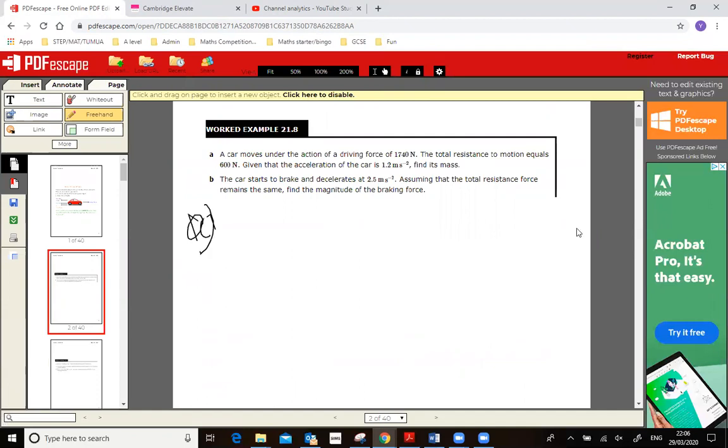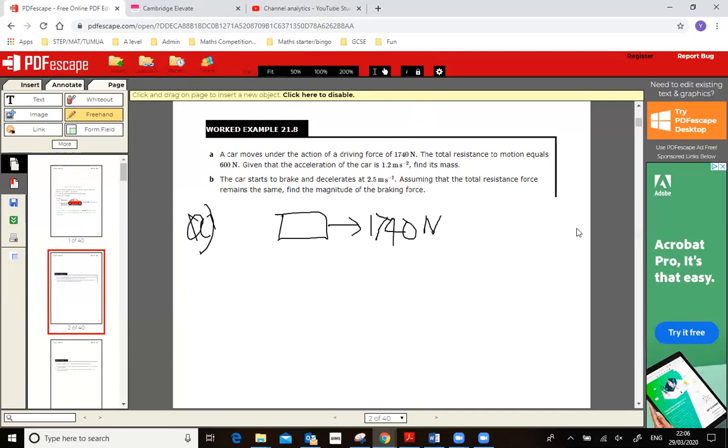Okay, so let's say this block represents the car. We have a driving force of 1,740 Newton, and let's say this force is acting towards the right-hand side.